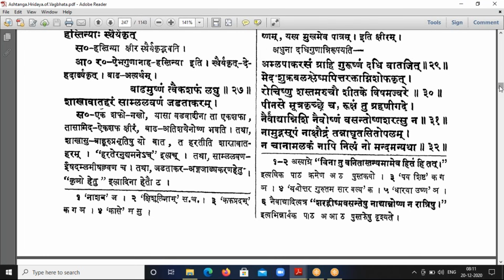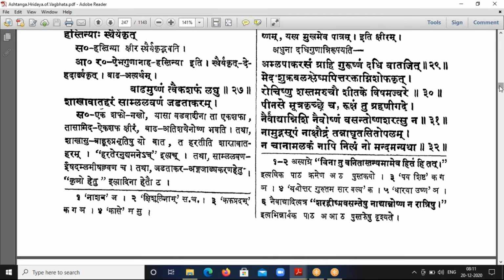Here, a standard dadhi, which is well-formed dadhi, is Grahi. It is Guru, Ushnam, and Vadajit, Vada Shamanam.